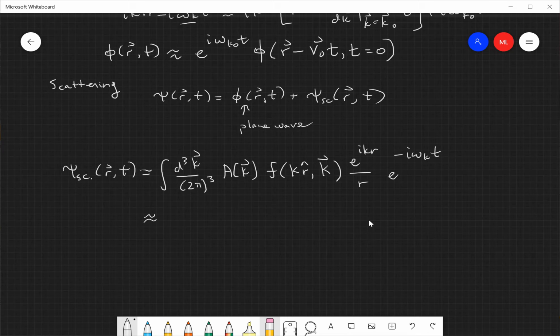So if you really precisely specify the initial momentum, that will make your location a little bit more spread out. There's a trade-off there, and that can matter. But under the condition that the wave packet is reasonably narrowly distributed in momentum space, we can expand everything around that initial momentum. And what we would get is, so k gets replaced with k naught, the initial momentum.